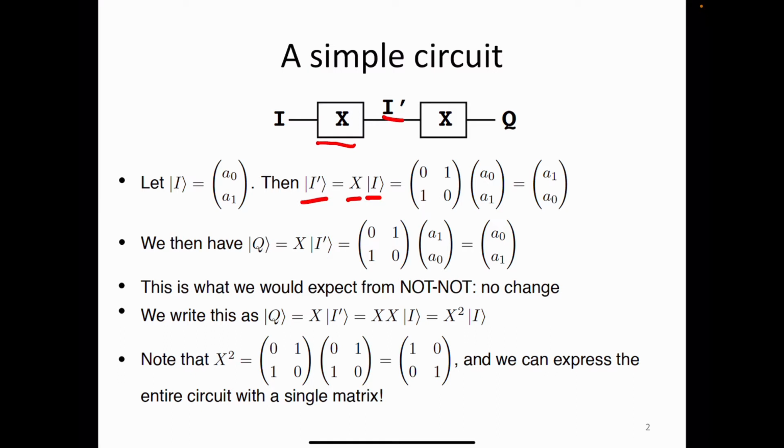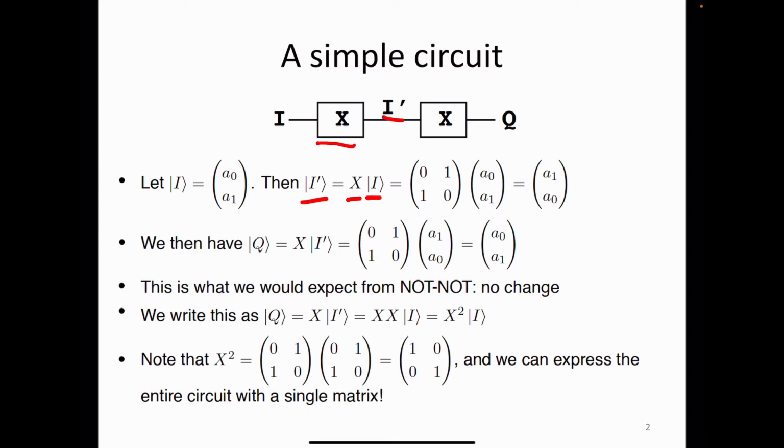You see the two amplitudes, A sub 0, A sub 1, and it flips the amplitudes. And the state Q is produced by applying the NOT gate to the state I prime, which again flips the amplitudes. Okay, so this is what we expect from a double NOT application.